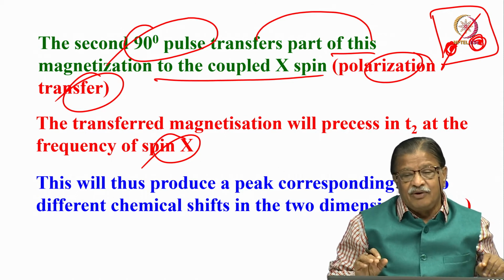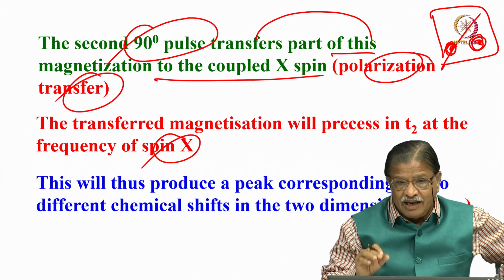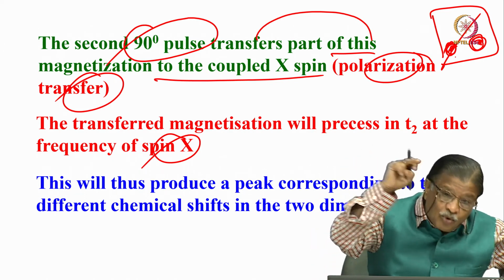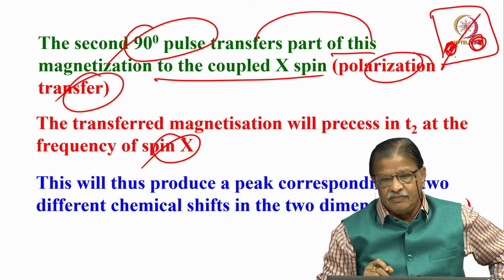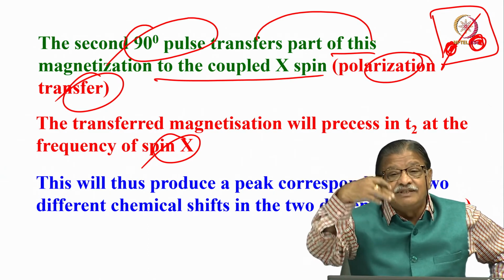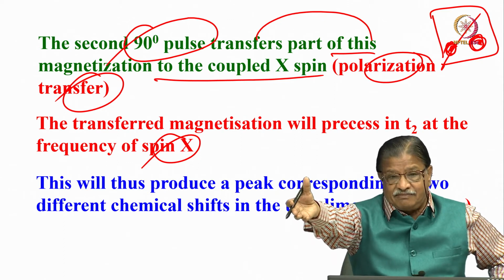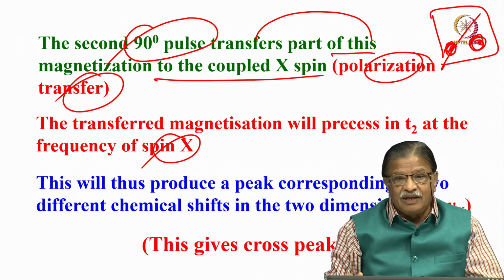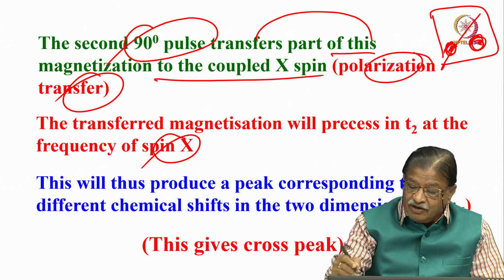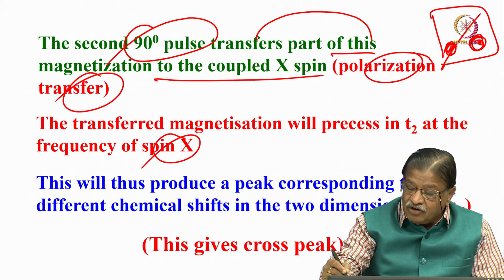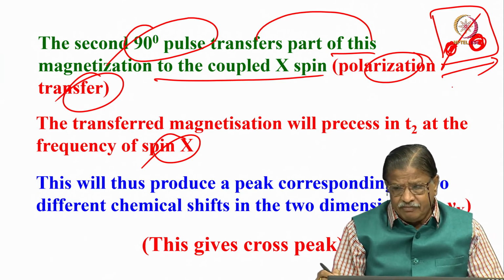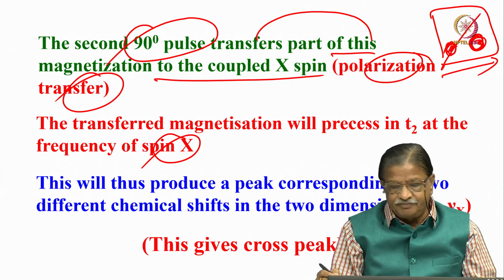This is going to give a peak like this, one on the diagonal which is evolving at its own frequency and another one which is evolving at the frequency of the coupled spin X, and this is what is called a cross peak. Now, a peak in addition to the chemical shift of A also comes at the chemical shift of X in the T2 dimension. This is called a cross peak.